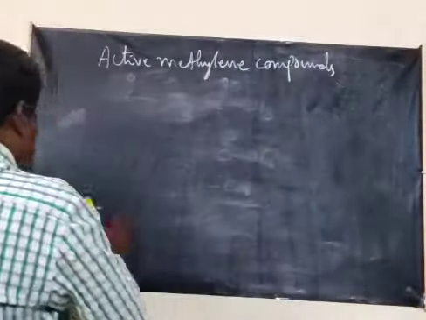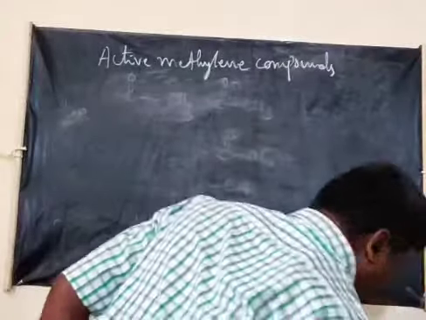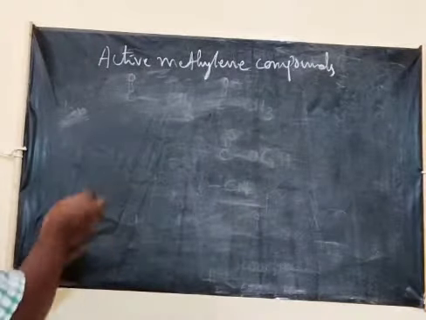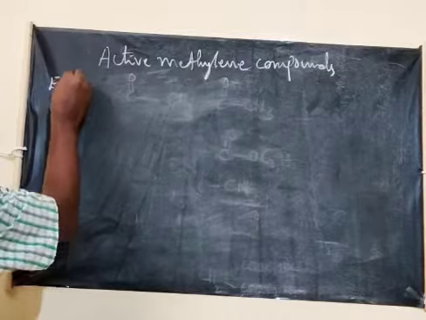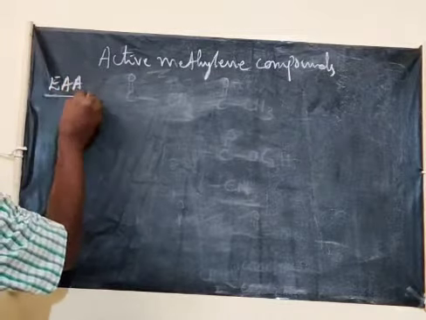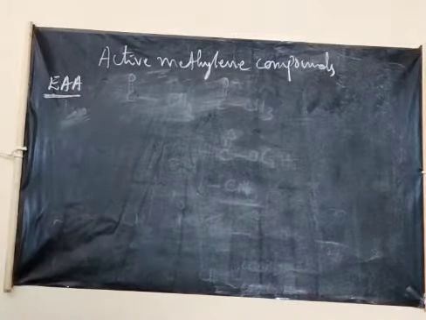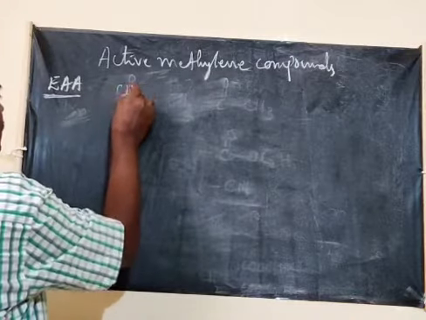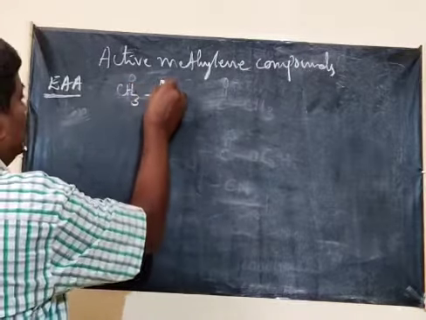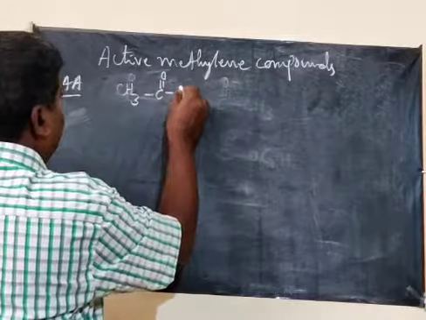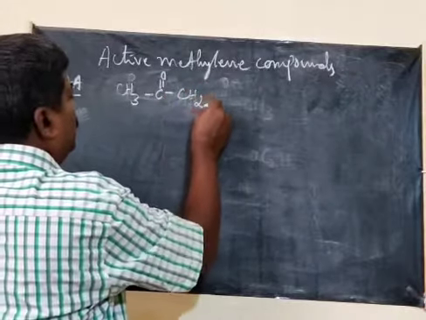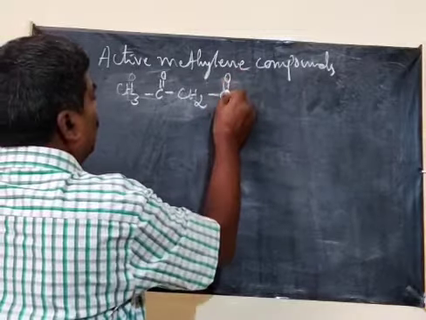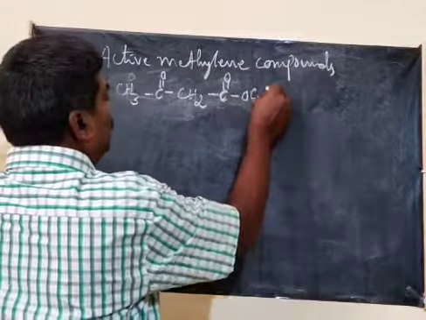So let us discuss the preparation of EAA, ethyl acetoacetate. The structure of ethyl acetoacetate is CH3, C=O, CH2, C=O, OC2H5.